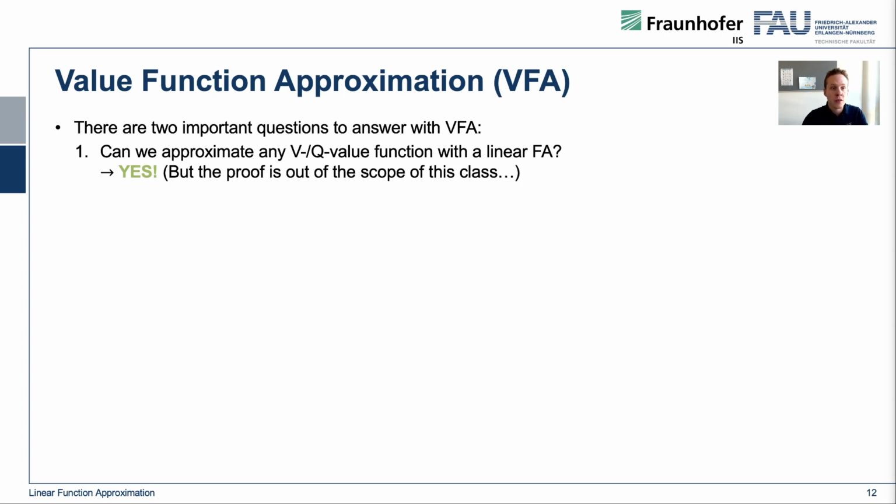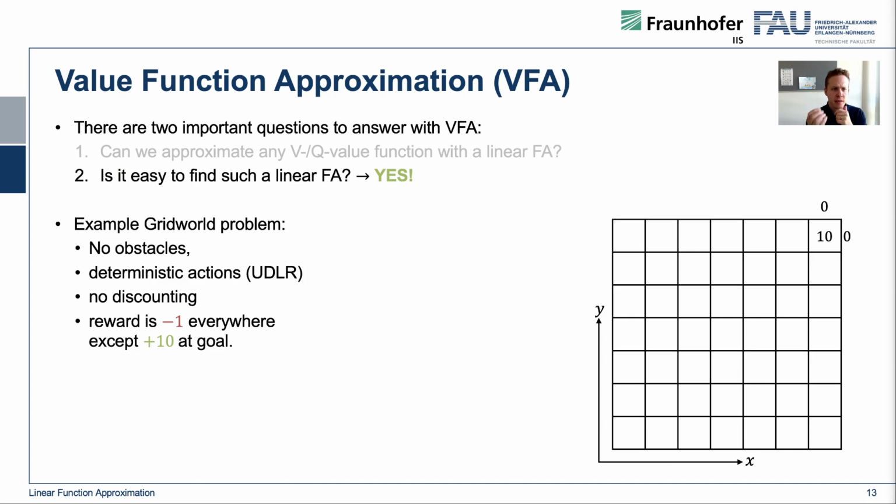The proof is out of the scope of this class, but you can approximate any V or Q value function with a linear function approximator. So the question remains, is it easy to find such a linear value function approximation? Let's do an illustrative example first.